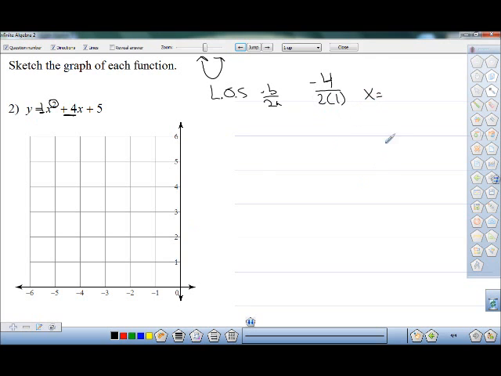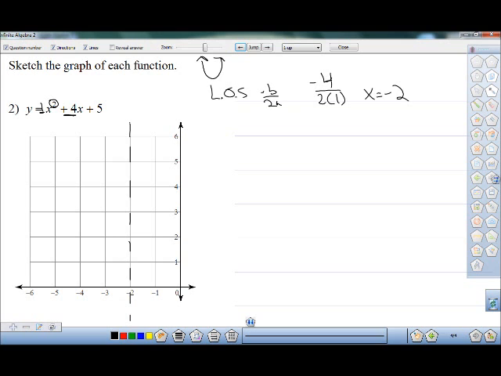My line of symmetry is x equals negative 2. So I go to x equals negative 2. Just a nice vertical line. I just like to dot it because it's not really part of the graph or part of the parabola. But there's our reflecting line.